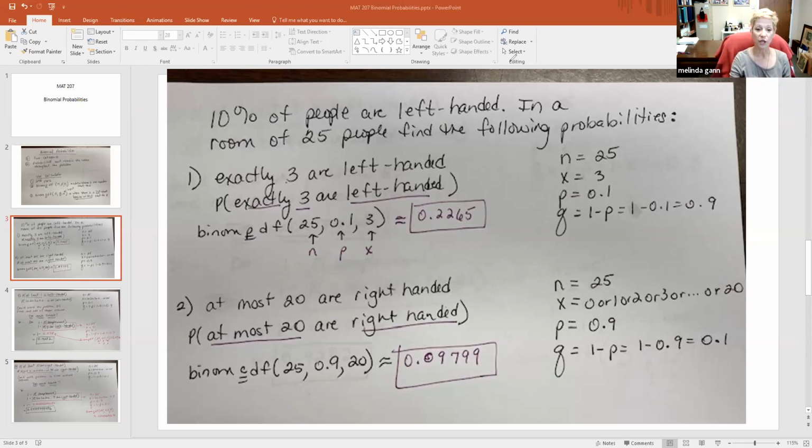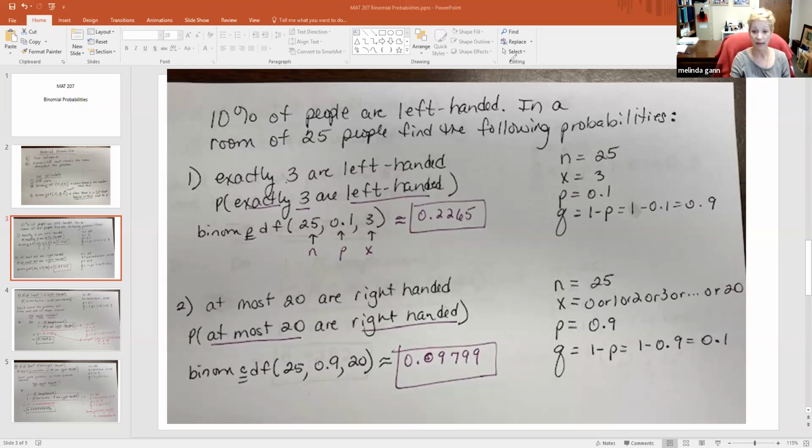So when you think to yourself, that's too much trouble, here's what I want to pop into your mind. I could do 1 minus the complement. Now remember what the complement is. The complement's everything but that thing. So think about, if 25 people are in the class, how many could be left-handed?